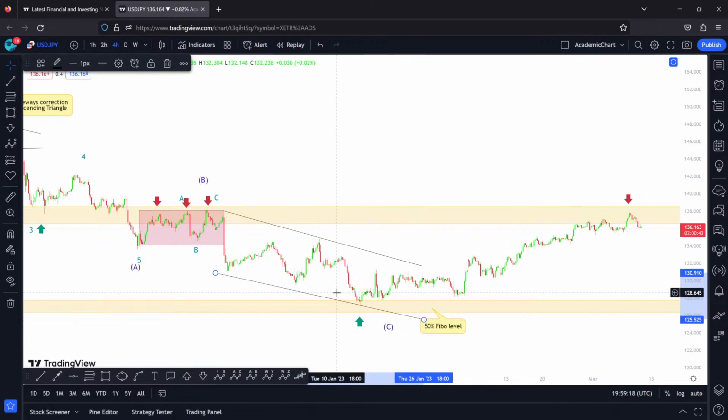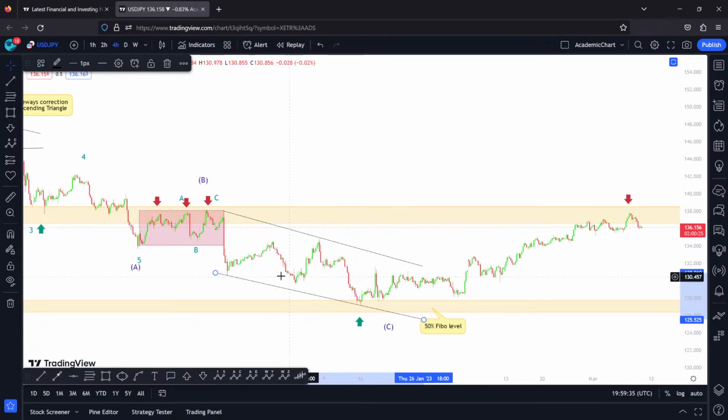So you can see that I can create a channel for this C wave from up to down here. And the reason is that it is some sort of a diagonal. You can still see some sort of counting the waves, 1, 2, 3, 4, 5.